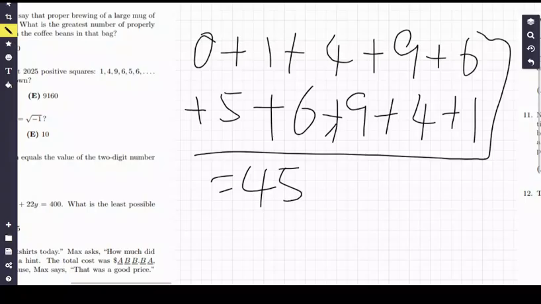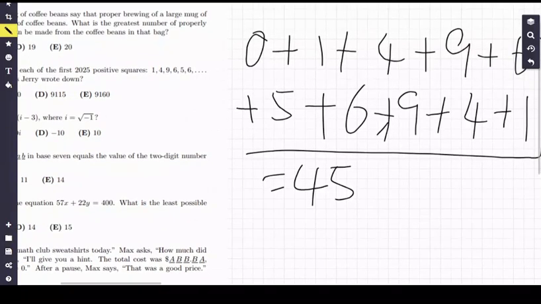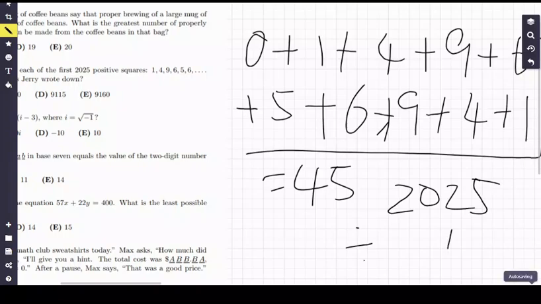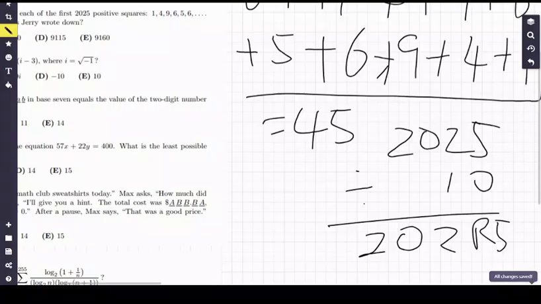Now what we need to figure out is we have 2025 positive squares, and we have to figure out how many times this actually loops. 2025 divided by 10. It's pretty straightforward because it really doesn't require that much math. Come on, this is a no calculator test for a reason.